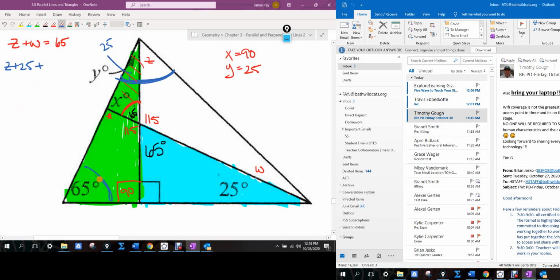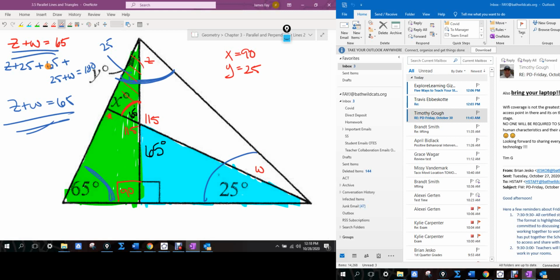Plus this angle here, 65, right? Plus that angle there, which is 25 plus W. What should that total? 180. Does that help me at all? Does that get me anywhere? It still gives me Z plus W equals 65. When I simplify, it still gives me the same equation. Just looking at that right now, I don't think there's a way for us to find Z and W.